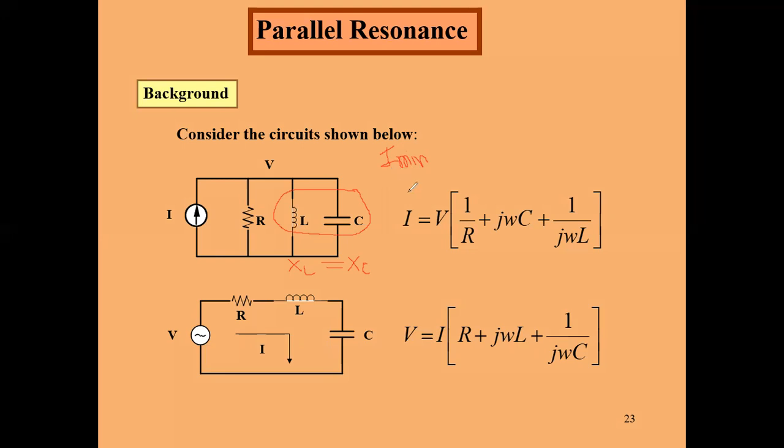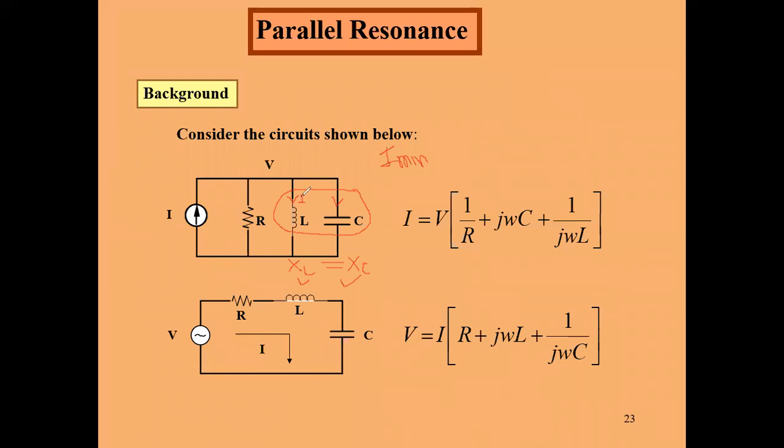In parallel resonance circuits, when XL is equal to XC, the two branch currents are equal.